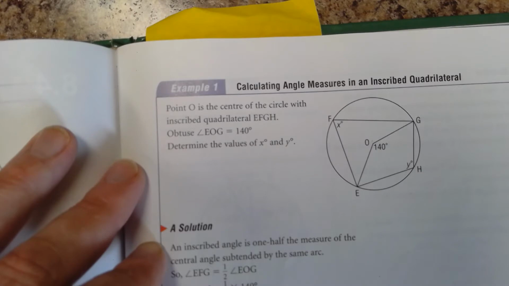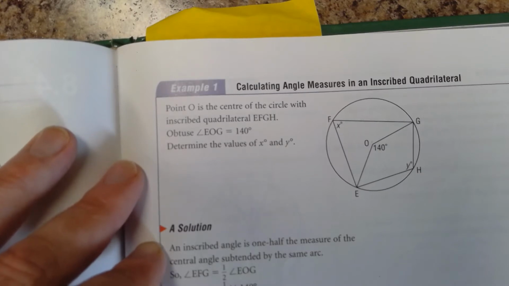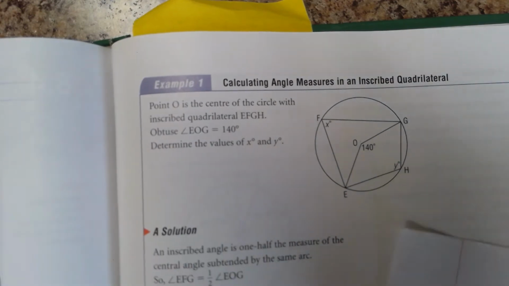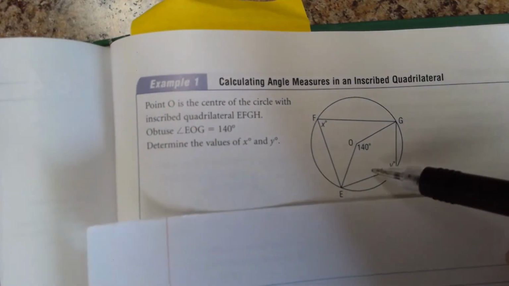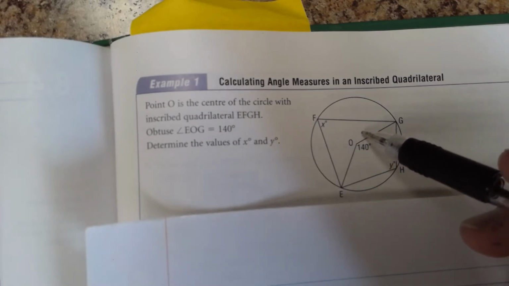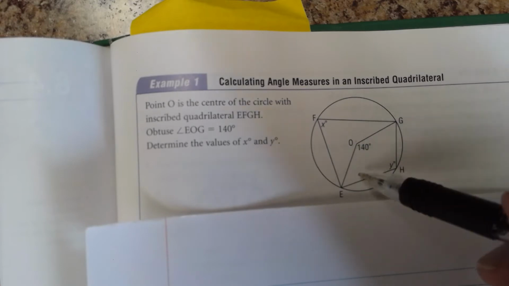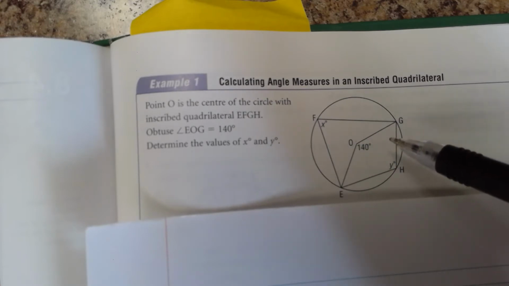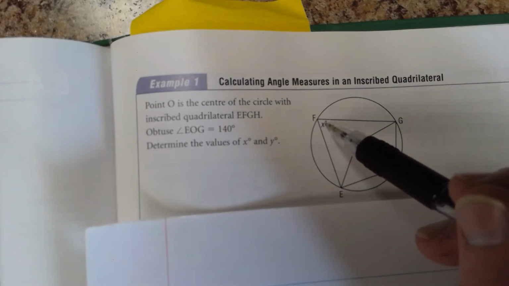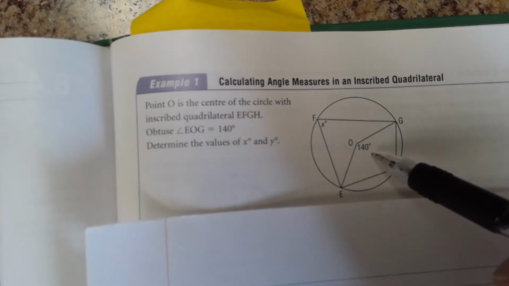Okay? Let's have a look at this. Well, we have a central angle of 140. If we were asked to find this angle here, where the O is, we would do 360 minus 140, and we would have it. But they're not asking us to find that. They're asking us to find the inscribed angle on the outside.